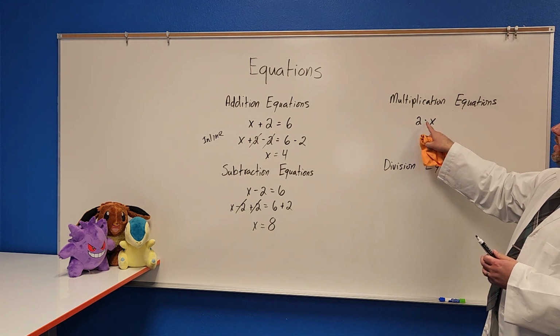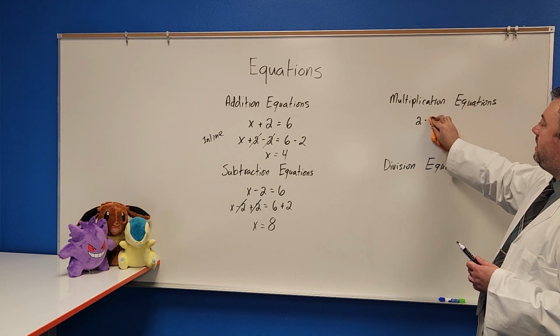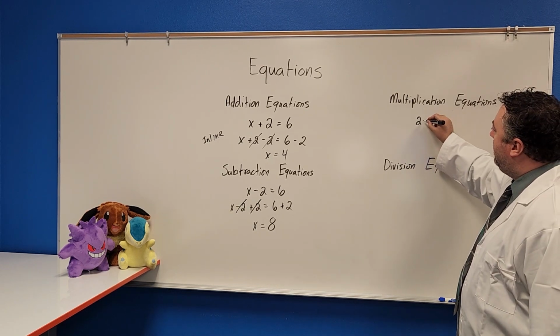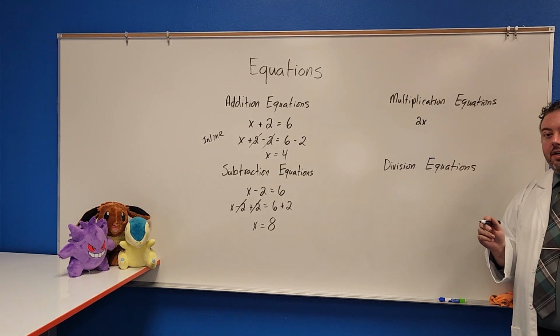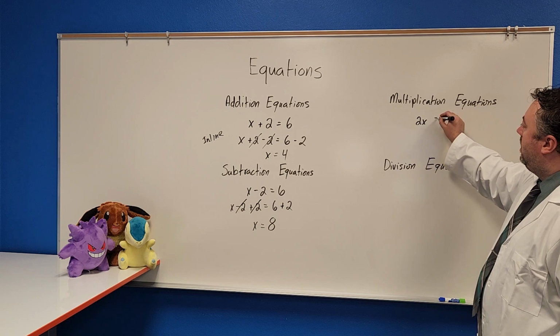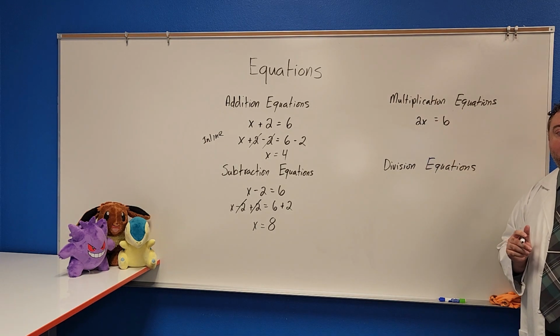We do not typically put a dot between the number and the variable. Instead, we just write the number in front of the variable, and that is understood as meaning multiplication. So I have a multiplication expression on the left side equal to a number on the right side.